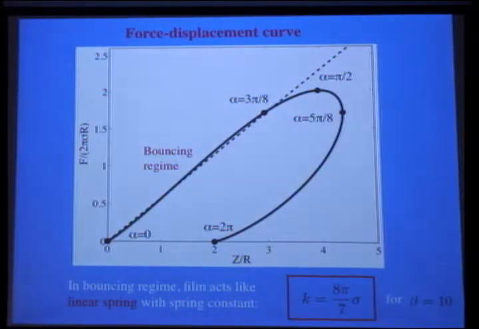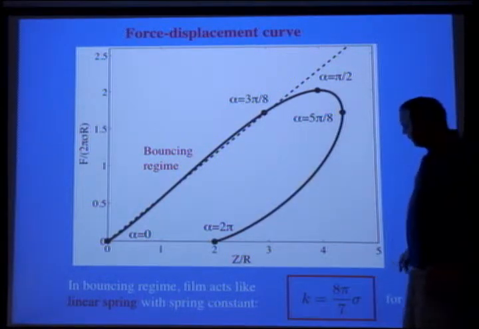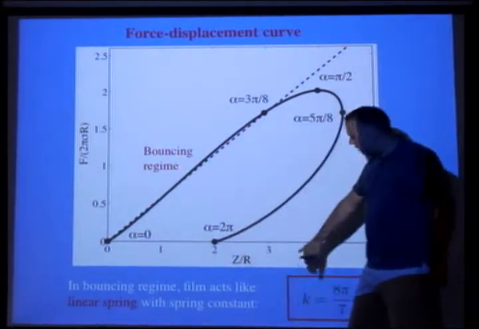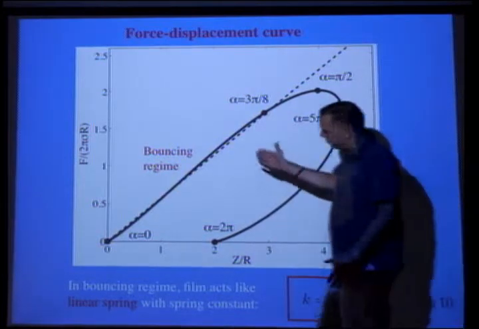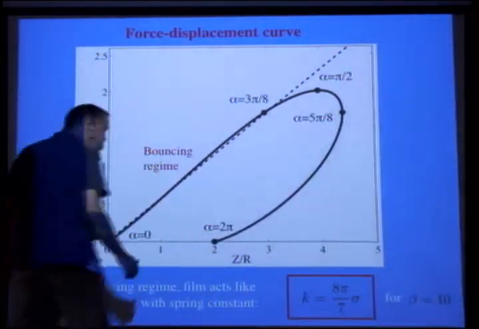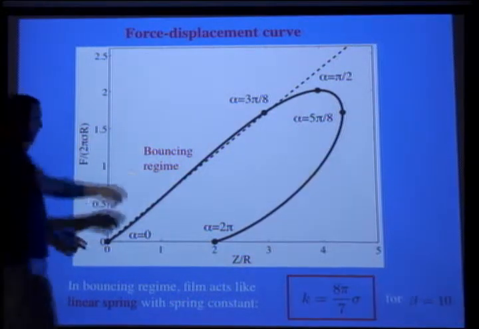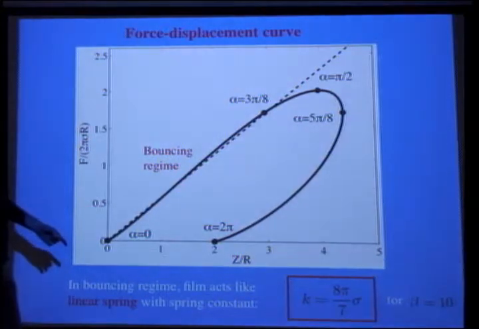Okay, and so it turns out when you plot this, it looks like this. This is the force acting on the drop as a function of intrusion depth of the drop. And so for small intrusion depths, in particular in this bouncing regime, this is all we have to worry about, and it's basically a linear dependence, which is very nice, right?